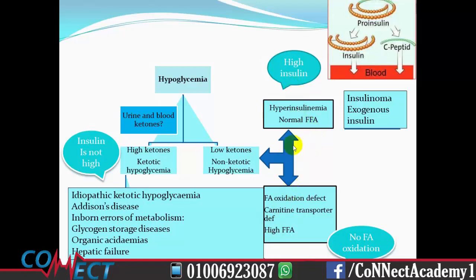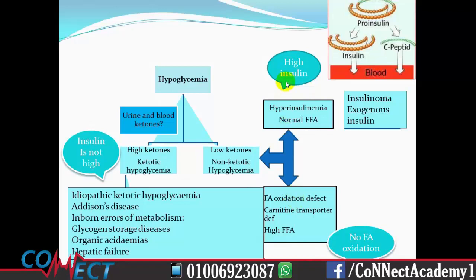So to differentiate, we measure the level of insulin and free fatty acids. High insulin and low free fatty acids diagnose hyperinsulinemia. Normal insulin and high free fatty acids diagnose beta oxidation defects or fatty acid oxidation defects.